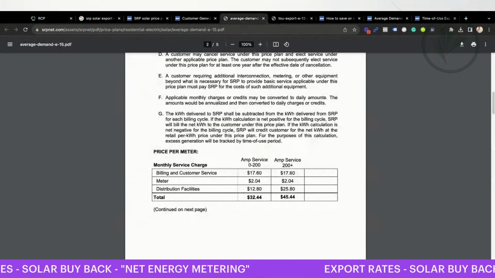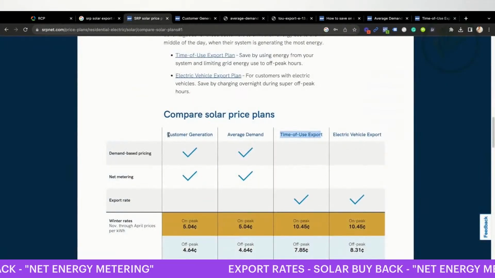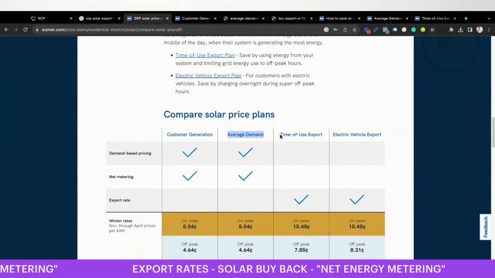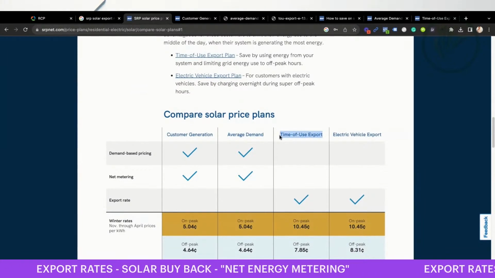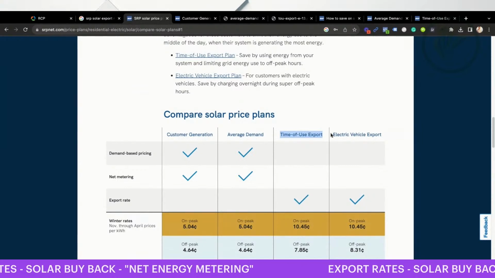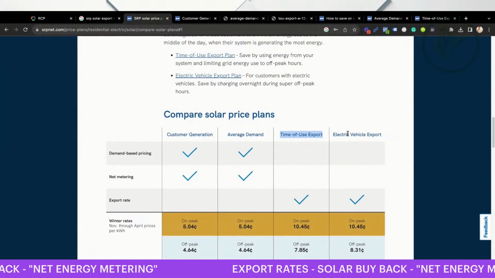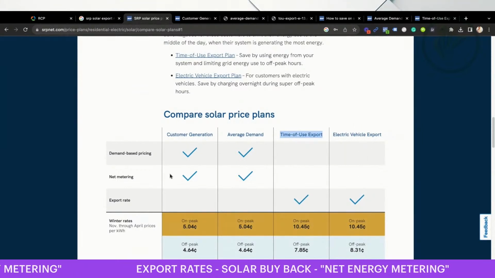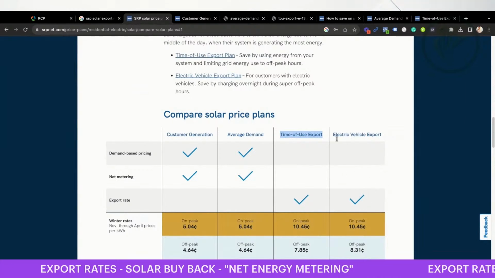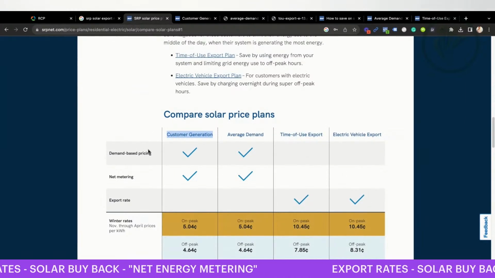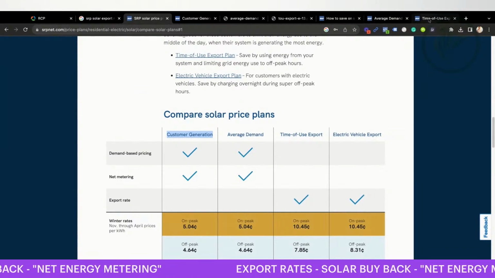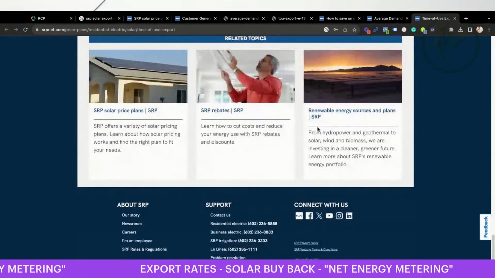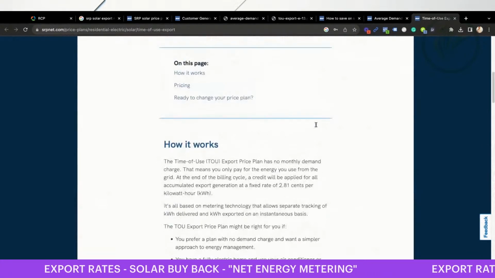And again, I'll download this. So we got the customer generation plan. I'm trying to keep track of this. So we have this one, and we have this one. The electric vehicle, we're not going to talk too much about it, just because not a lot of people get on that. You typically don't do this with solar anyway. I guess you do. Let's find the customer generation one, though. There's got to be a way to find it. We're almost done here, people.